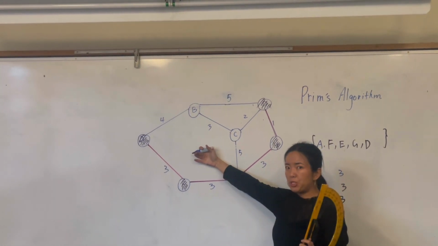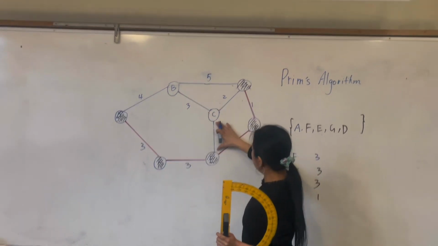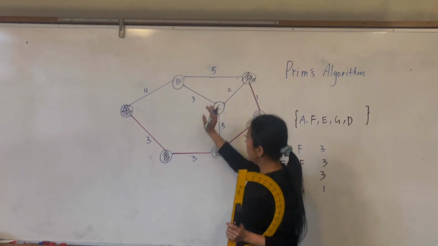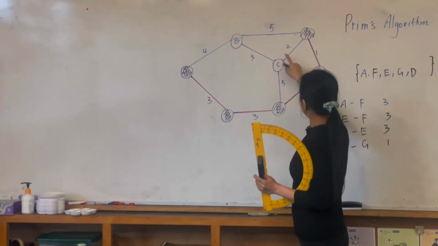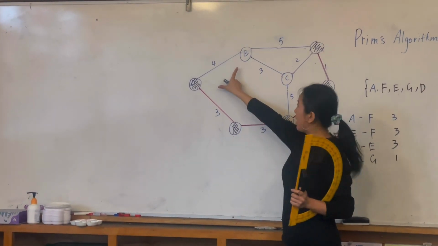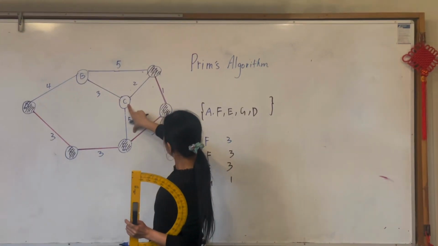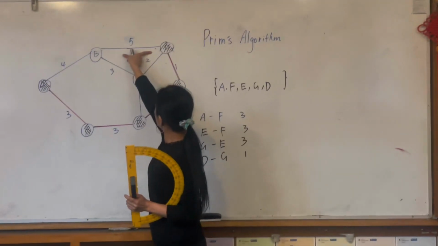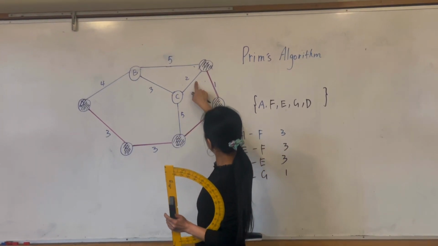Let's repeat the operation above. So we check unvisited edges connected between visited nodes and unvisited nodes. Here, there are paths AB, CE, CD, and BD. This one, 4, 5, 2, 5.